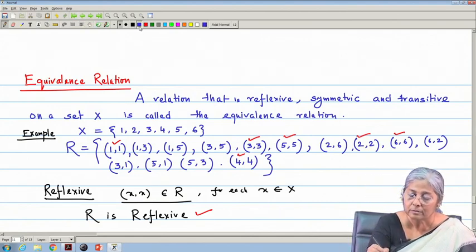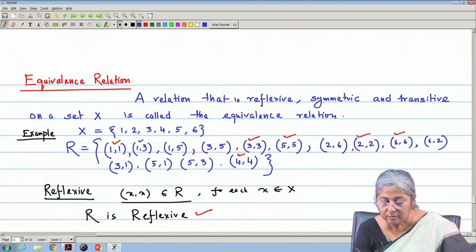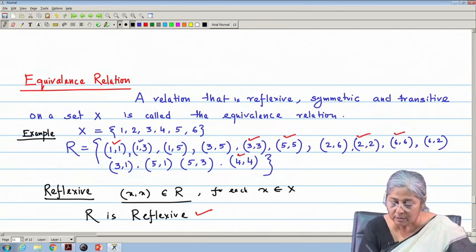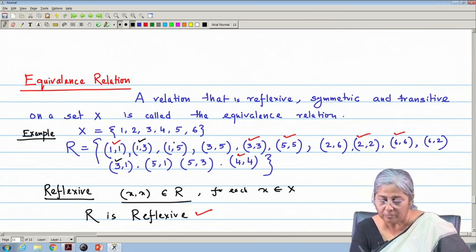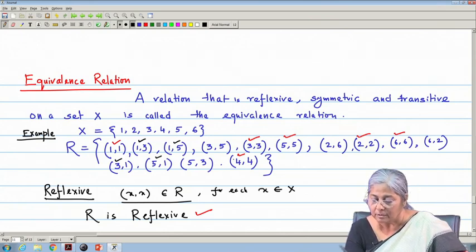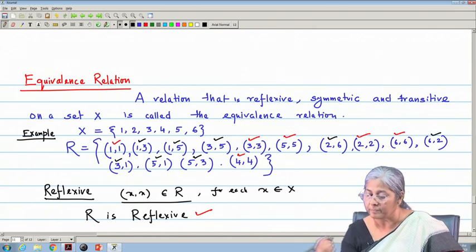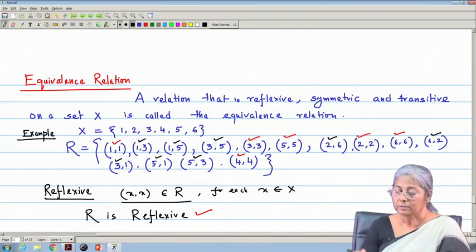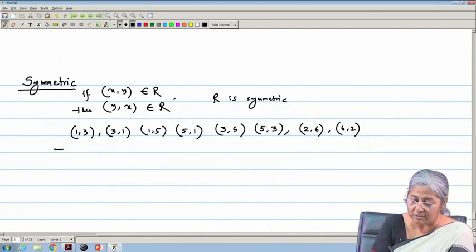If we see (1,3), then (3,1) is there, (1,5), (5,1) is there, (3,5), then (5,3) is there, (2,6), then (6,2) is there. So, I can tell that R is a symmetric relation.